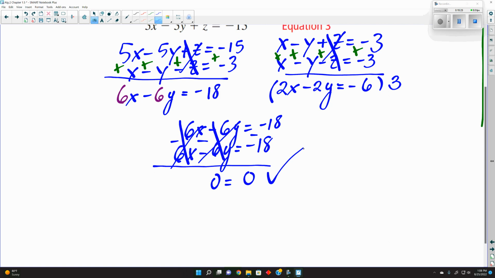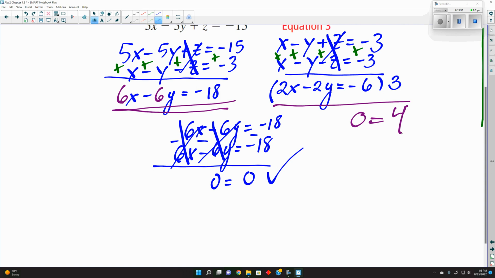Does that make sense? This one, I feel, when we get this kind of solution, makes a little more sense. But whenever we get 0 equals 0, if one of the sides gave us 0 equals 0, make sure to check the other side. If this side over here gave us 0 equals 4, then it's no solution.